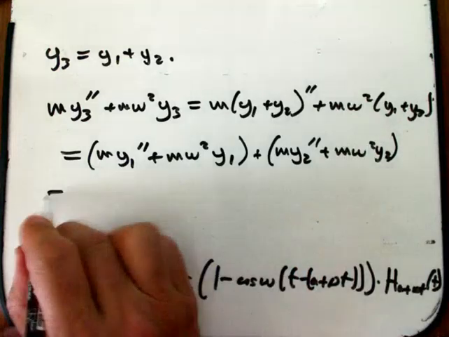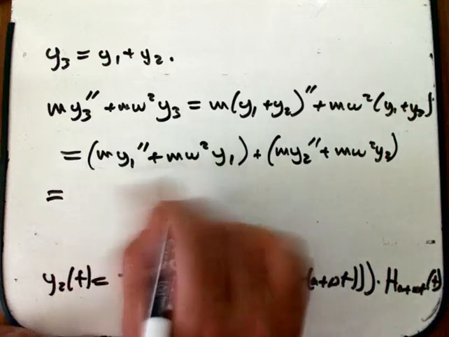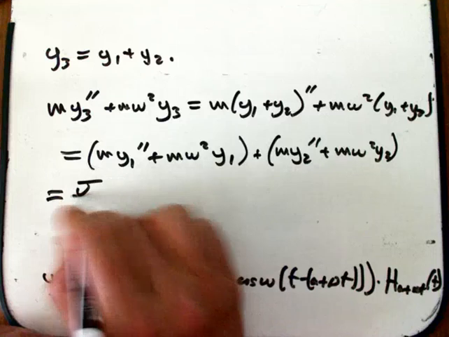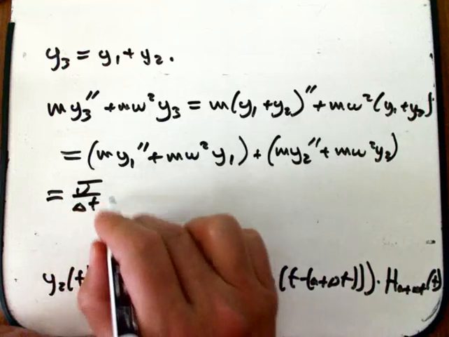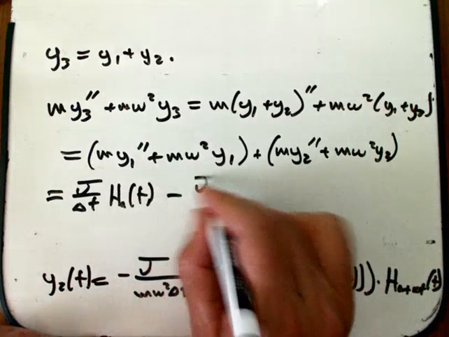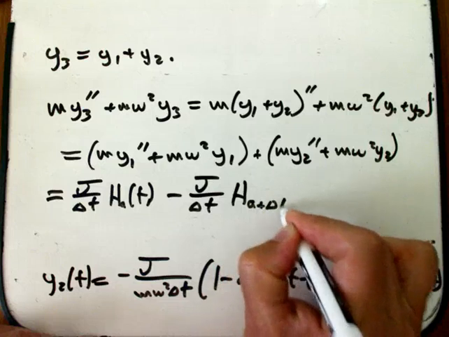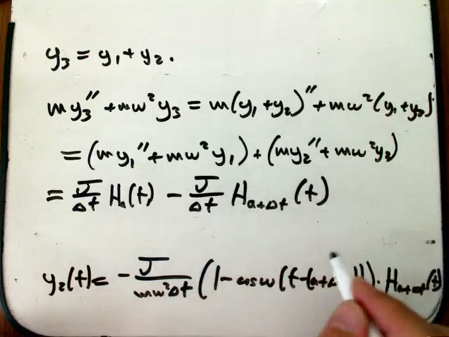Okay, and now what is that? This was designed to have the right-hand side equal to j over delta t times h_a of t. And this was designed to have the opposite sign, a step function that turns on at a plus delta t.